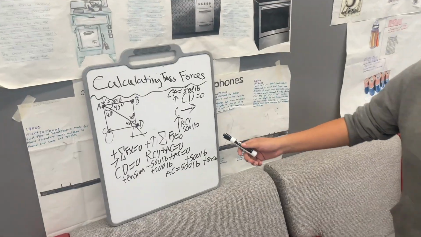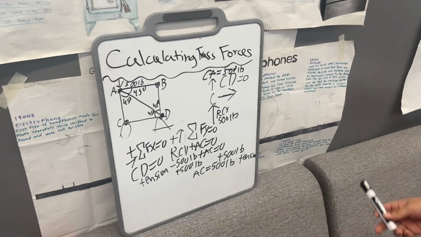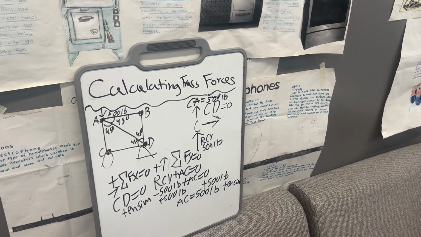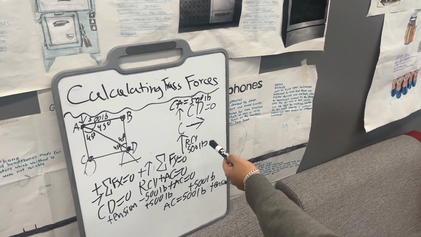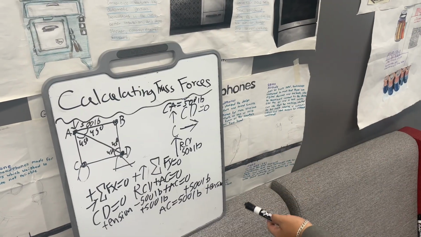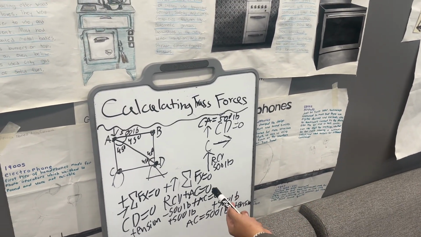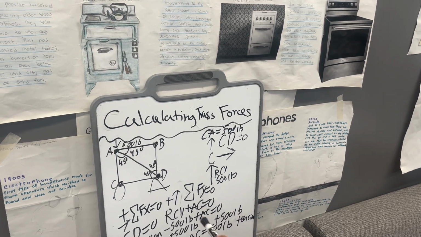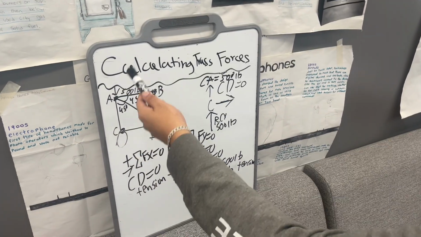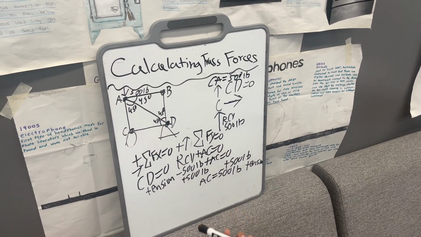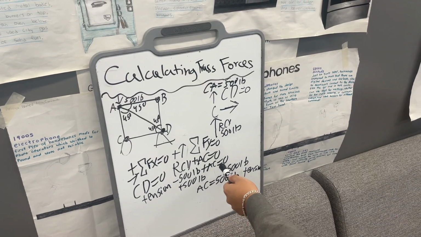The first joint we want to solve the members for is C, since we already have our CY, going in compression, which is 500 pounds. To find the other forces in the y direction, we sum the forces in the y direction, which would be RCY plus AC, because AC is going up or down. We don't know that yet. It equals 0.